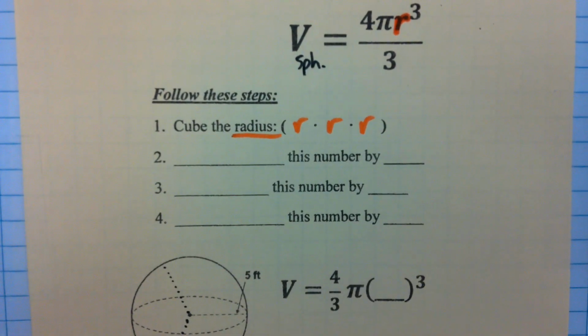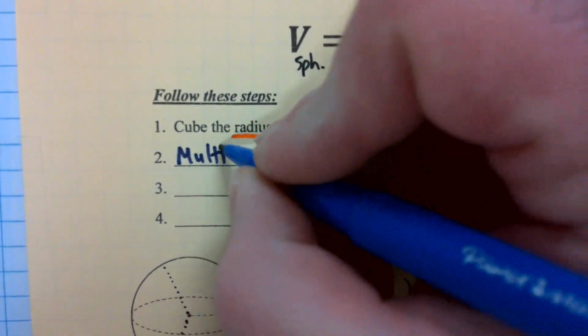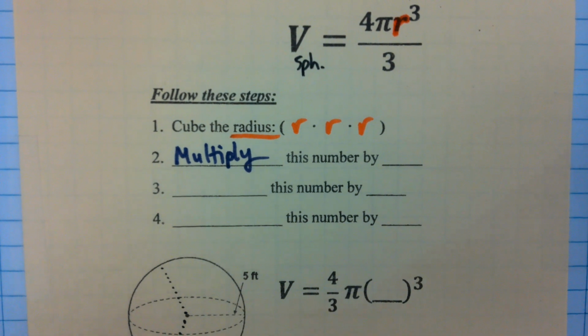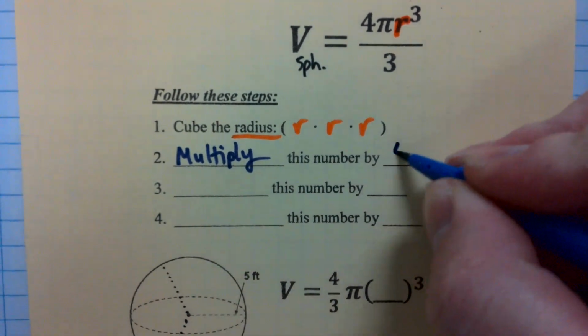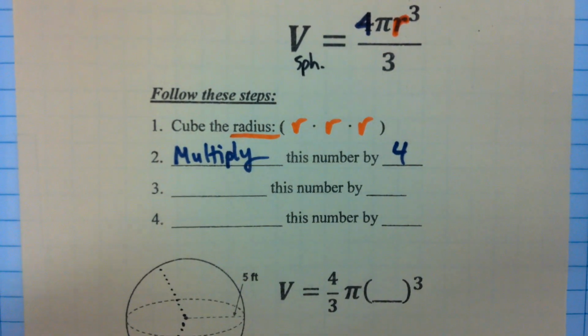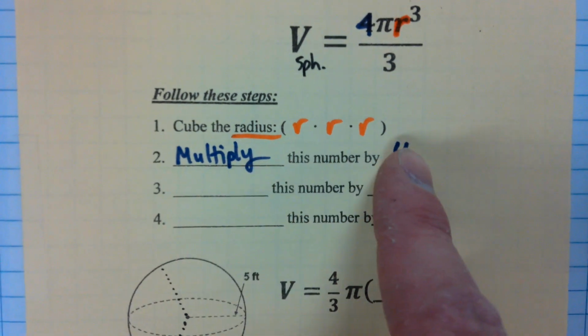Whatever it is. Then what we're going to do is multiply whatever number we get from step 1 by 4. So if my radius is 2, I cube it. 2 times 2 times 2 is 8. We multiply 8 by 4 and get 32.